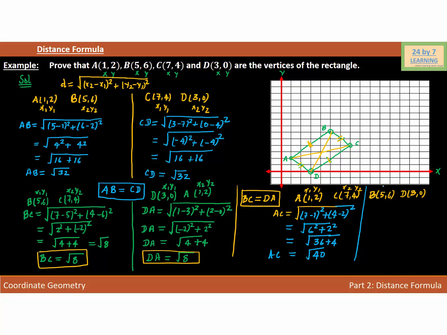Now let's find BD. So this is my x1, this is y1, this is my x2, and this is y2. So my BD will be square root of x2 minus x1, so 3 minus 5 squared plus 0 minus 6 squared. 3 minus 5 is negative 2 squared plus 0 minus 6 is negative 6 squared. So the square of negative 2 is 4 and the square of negative 6 is 36.